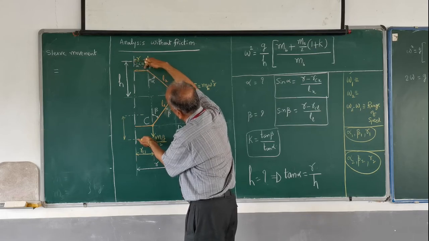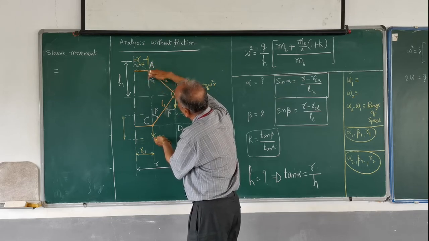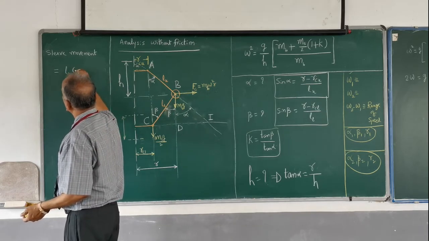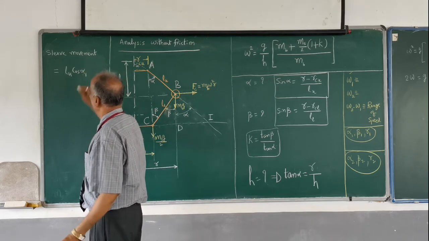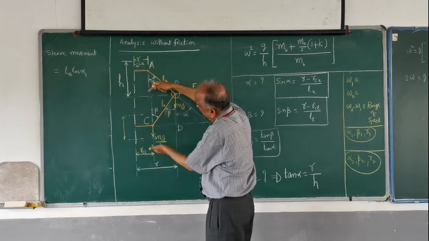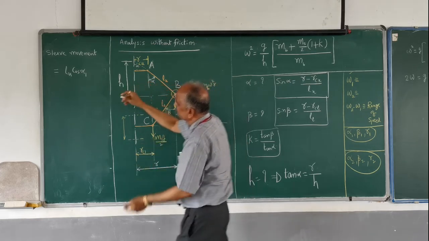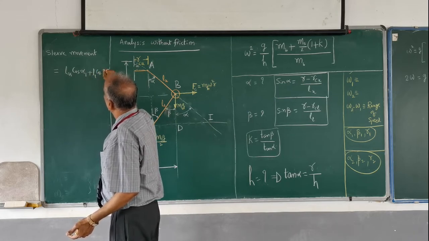This distance is LU cos alpha, and corresponding to the lowest position the angle is alpha 1, so LU cos alpha 1, plus this distance, which is LL cos beta 1.